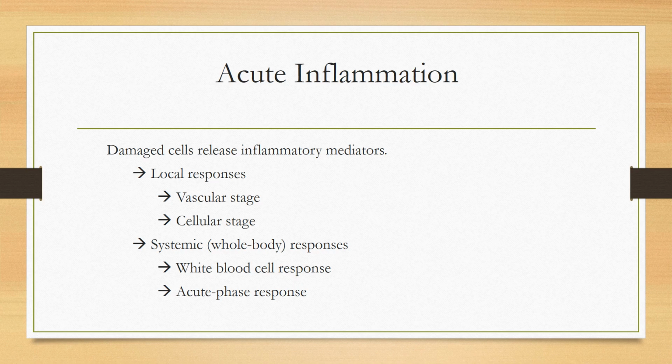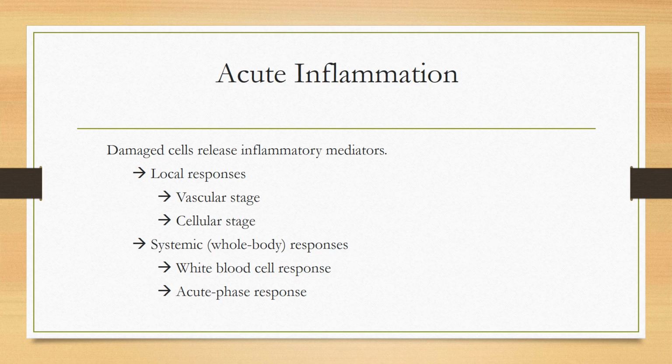If you look at a lab report with a complete blood count with the differential that shows you all the neutrophils, basophils, all those cells, you might sometimes see a cell called BANDS, B-A-N-D-S, and that's your baby neutrophils, your immature neutrophils. So from that local response, we have the vascular stages and the cellular stage, and it ends up with a local effect of redness, warmth, swelling, pain, and loss of function.